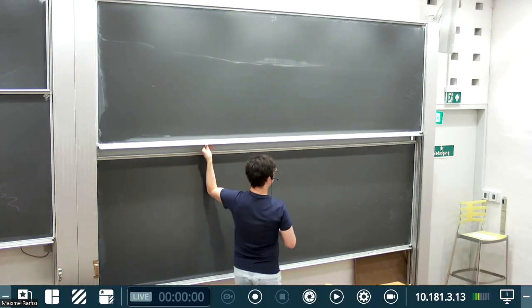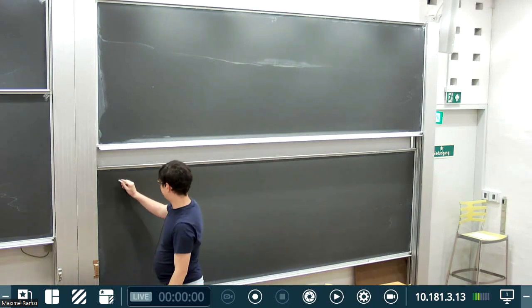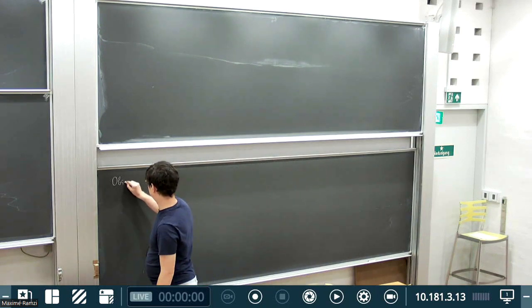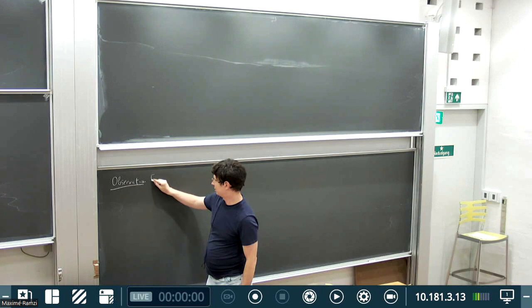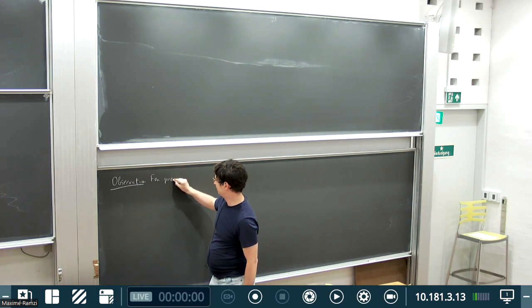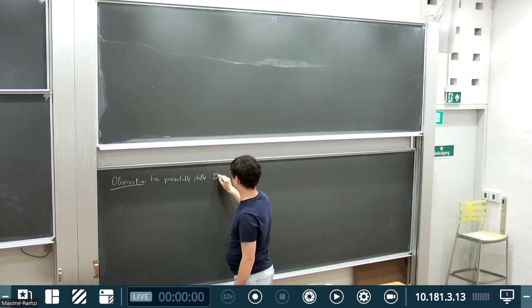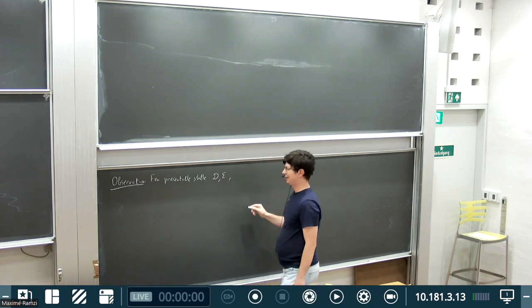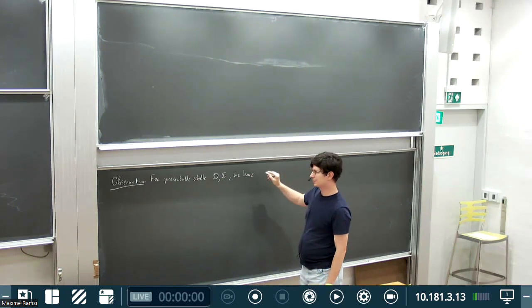So let's make an observation. For presentable stable D and E, we have an equivalence of categories.